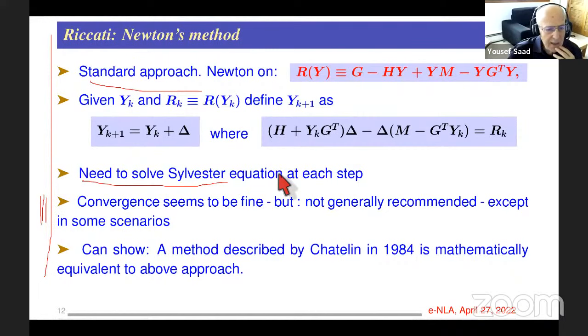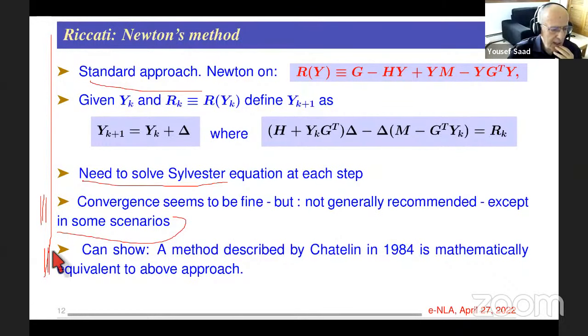But the point is, there's still potential to get this approach to work well, if you know a way of getting a close starting point. That's the key to getting Newton to work well. So I'm not recommending this necessarily, except in some scenarios. I'm going to talk about that later.